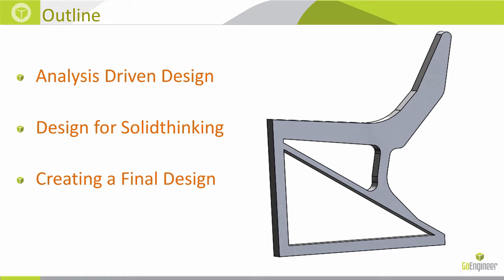I will be doing some FEA using SolidWorks simulation, and we will also look at solid thinking for the topology optimization, which is a fancy way of saying reduction of the mass of this design itself.